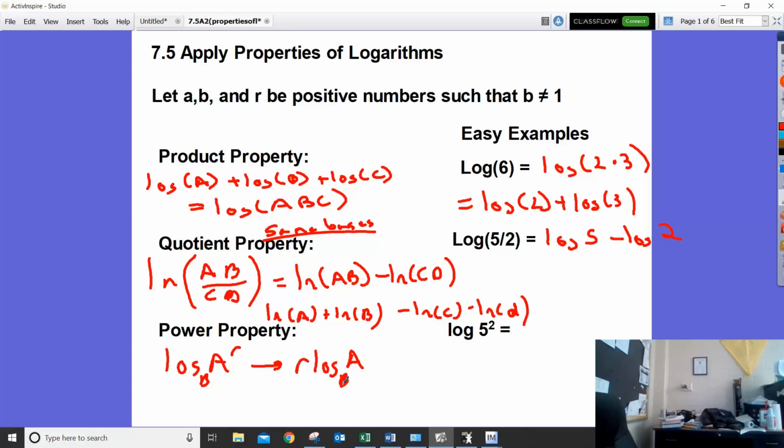That's all it's telling us we can do. So we have a simple example here, log base 10, because it's understood, 5 squared. Where's that 2 go? Yeah, down here? Yeah. B for base. Anyways, you guys said I can throw that 2 out front. 2 log 5. Those are your 3 properties of logarithms. That's all we talk about today is those 3 properties.